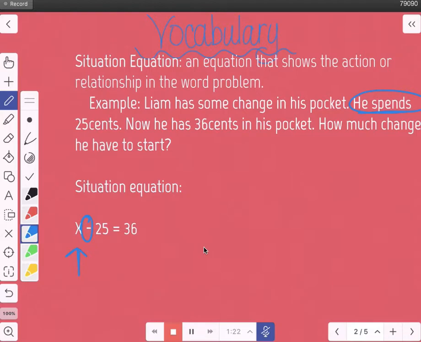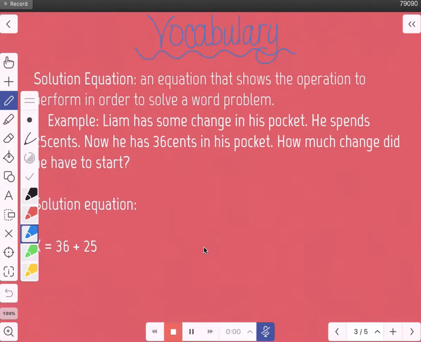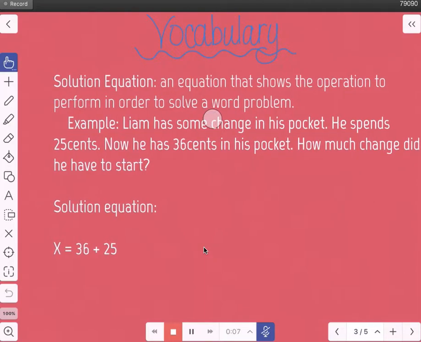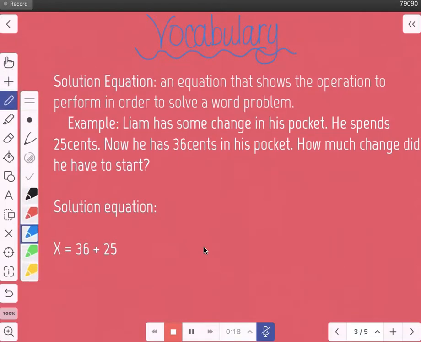Now, alternatively, there are solution equations. And solution equations are virtually the opposite. It's where you have an equation that shows the operation that you need to solve the problem, not necessarily what's actually happening. So if I still have Liam here, my friend Liam, who had some money, and he spent 25 cents. So remember, he had some money, he spent 25 cents, and now he has 36.